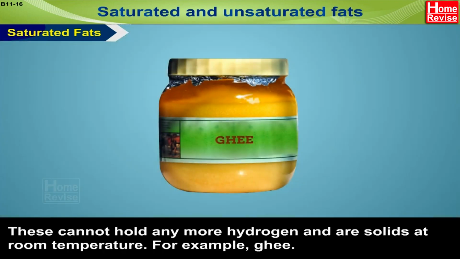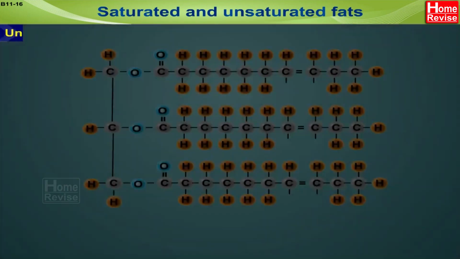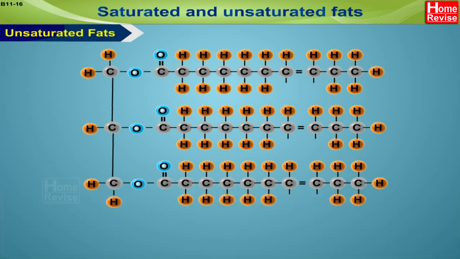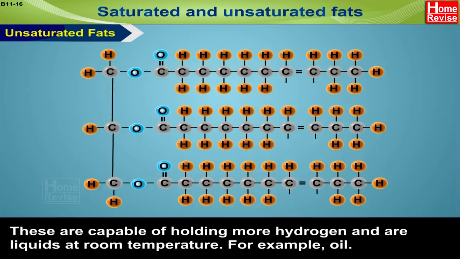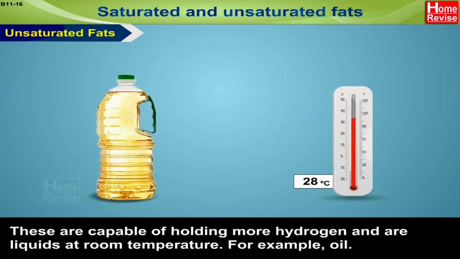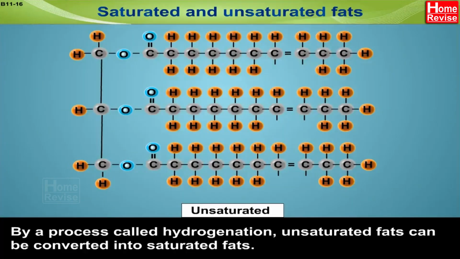For example, ghee. Unsaturated fats are capable of holding more hydrogen and are liquids at room temperature. For example, oil. By a process called hydrogenation, unsaturated fats can be converted into saturated fats.